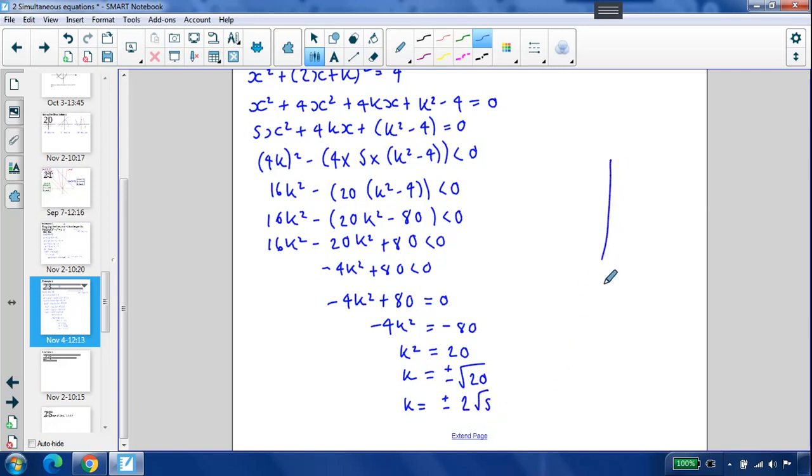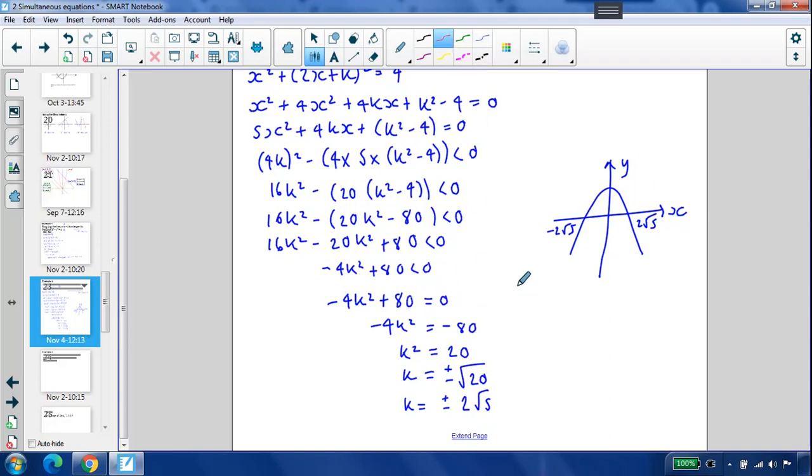Now let's sketch the quadratic. I've got a negative coefficient of k squared, so it's going to be an upside down U shape, and it's going to be pretty symmetrical considering the solutions. So something like that, minus 2 root 5 and 2 root 5 over here. Now let's look at what we need.